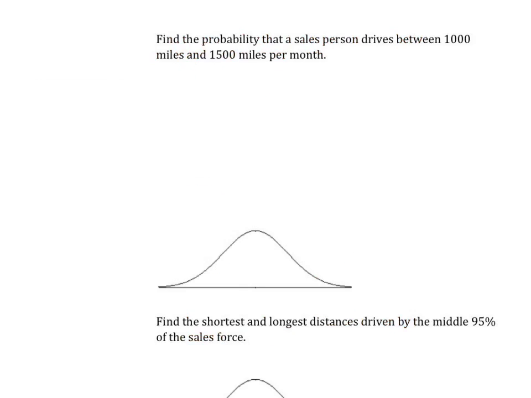Find the probability that the person drives between 1,000 and 1,500 miles per month. So we have two z-scores that we need to find because we're curious about what happens in the middle. So let's start with just one of them, doing 1,000. We take the number in question, we subtract the average, and we divide it by the standard deviation.